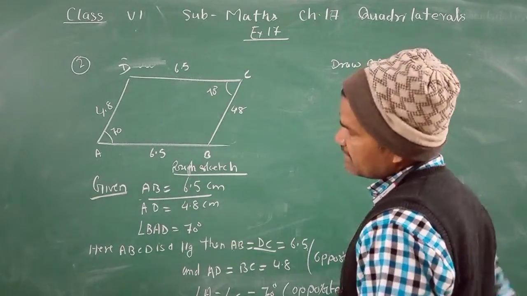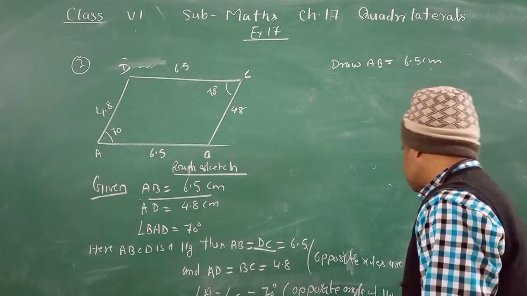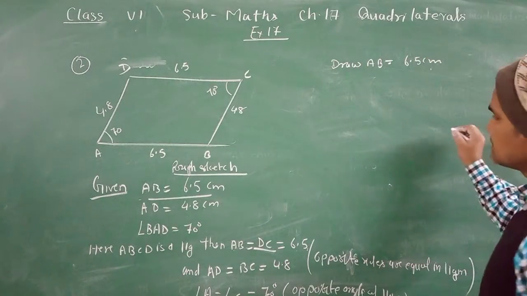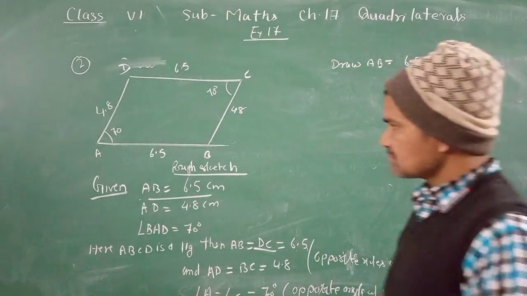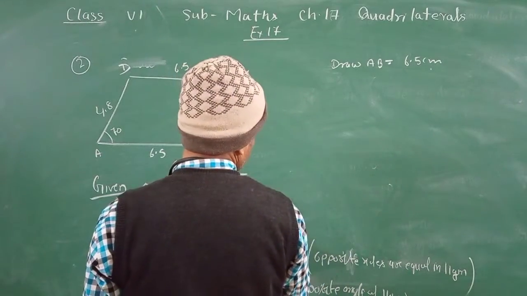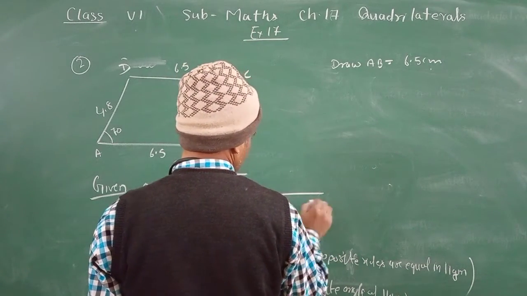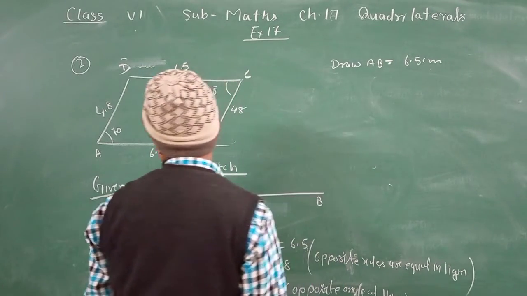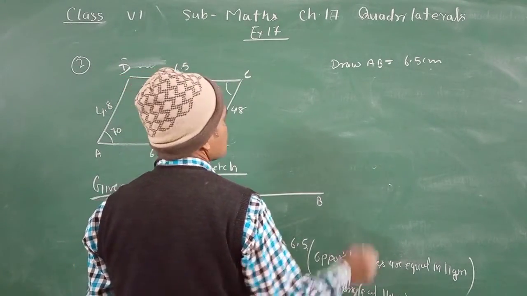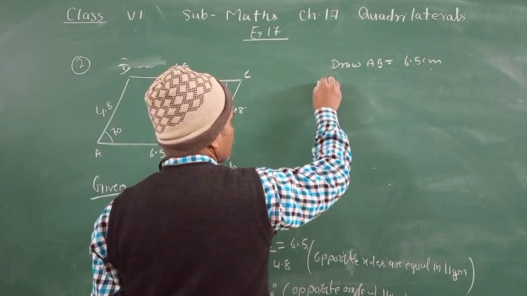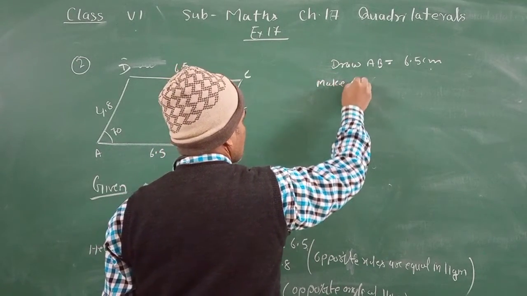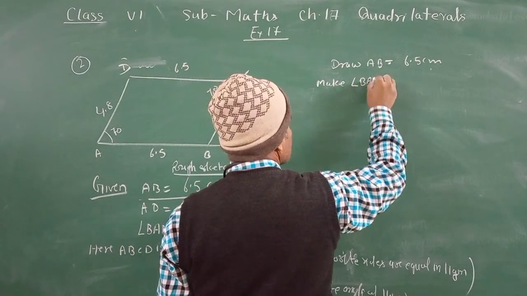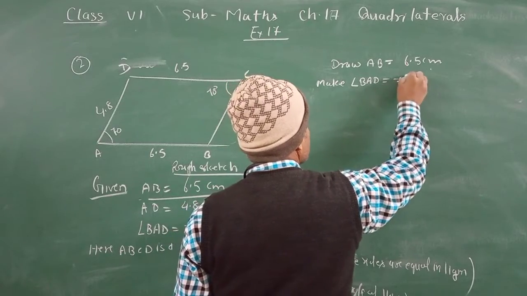Suppose this is A and here is B. Now, with A as a center, make angle BAX equal to 70 degrees.